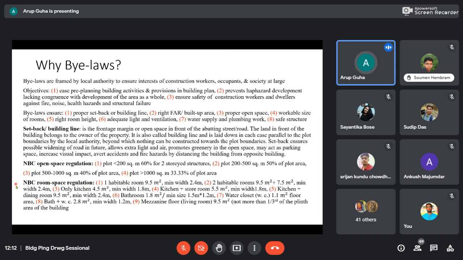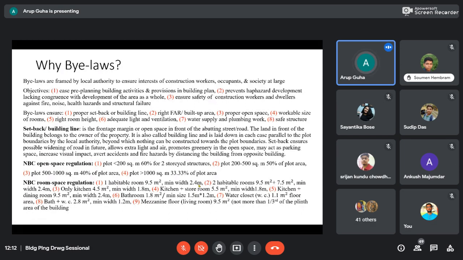Then the NBC, National Building Code, which I was mentioning, says something about the minimum dimensions of a room. Habitable room, where I will live, that is my bedroom: 9.5 square meters, and minimum width 2.4 meters, otherwise furniture placement and moving about is a difficulty.